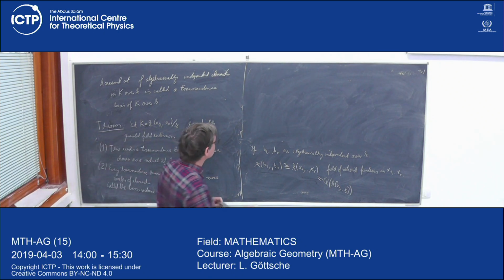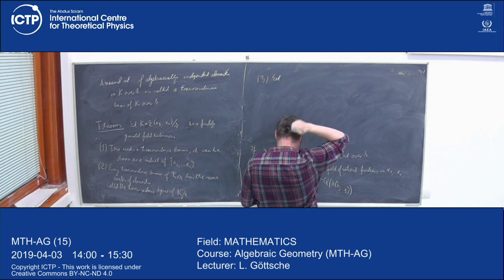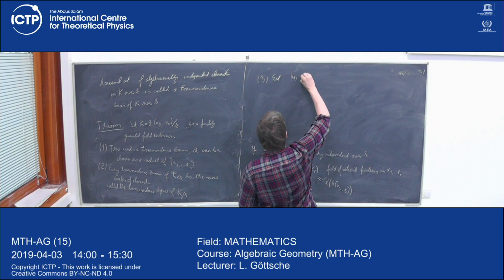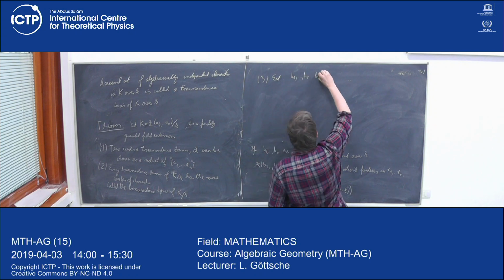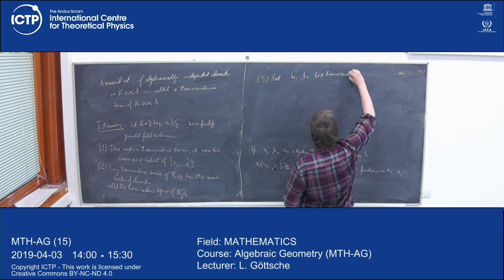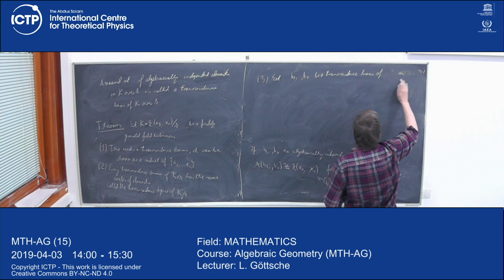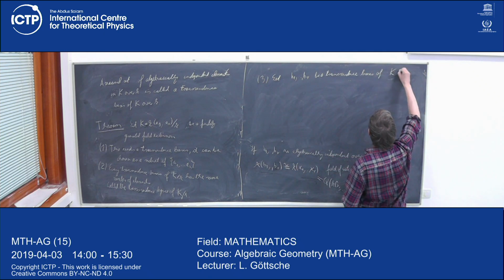So let x1 to xr be a transcendence basis of K over k.